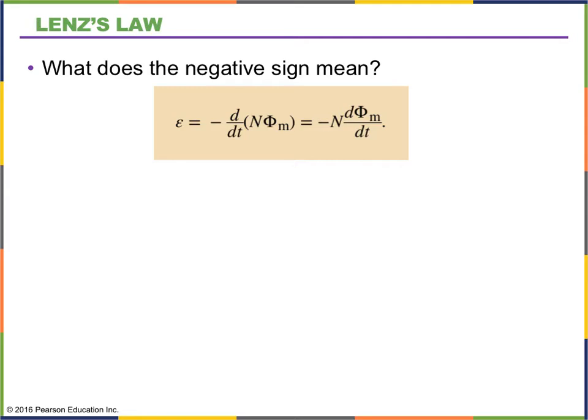It's actually answered by what we call Lenz's law, but if you think about it, when we presented Faraday's law, which was covered in the previous video, it basically says that there's an induced EMF, which is a voltage, if you have a changing magnetic flux, and that EMF is related to the time derivative of the magnetic flux.